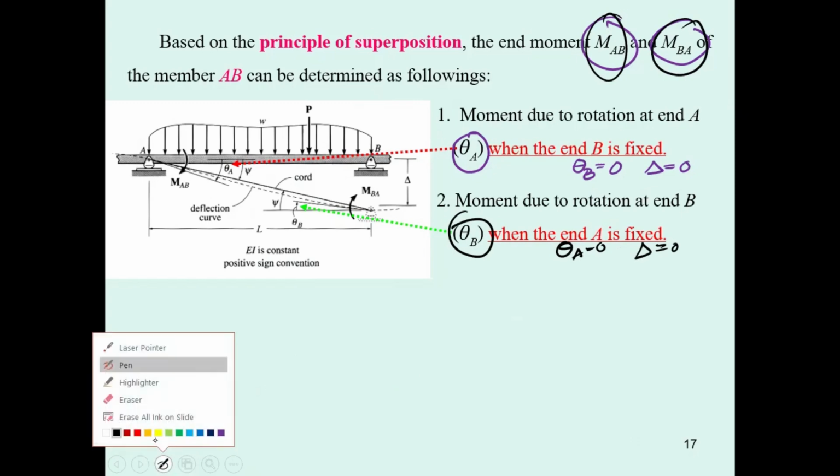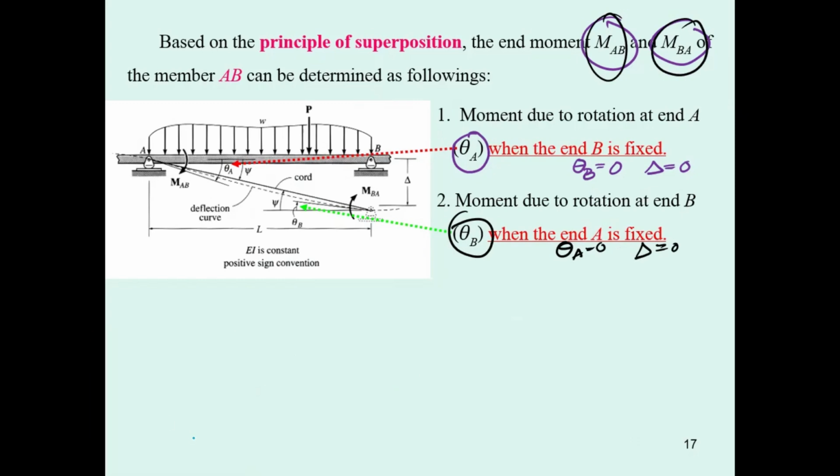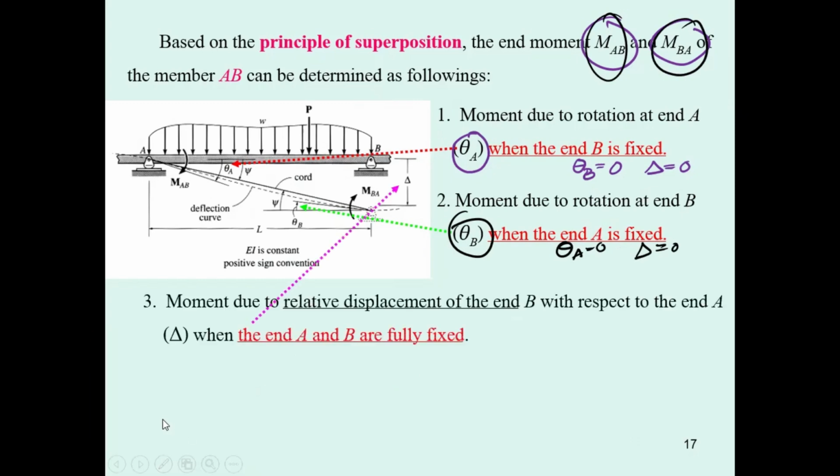Then the third one is what is so-called differential displacement or relative displacement. That occurs when zeta sub A equals 0 and zeta sub B equals 0.